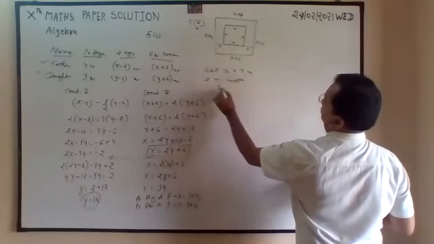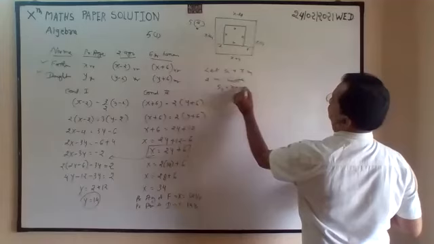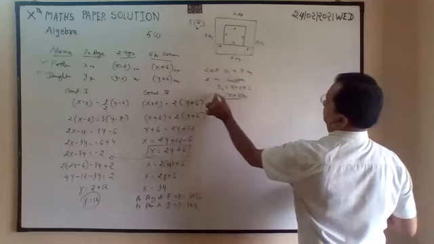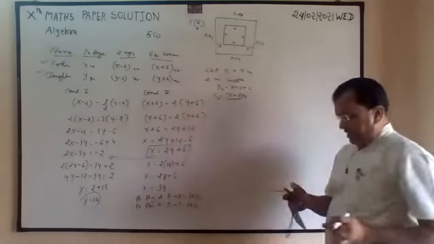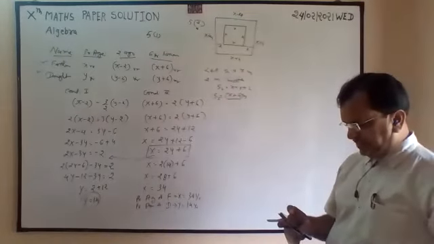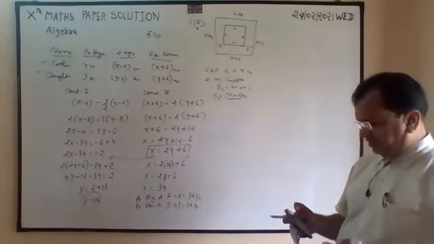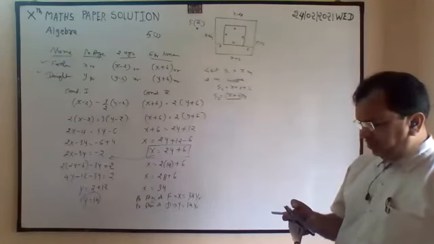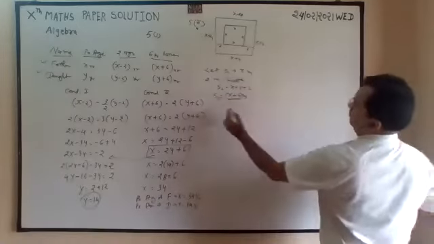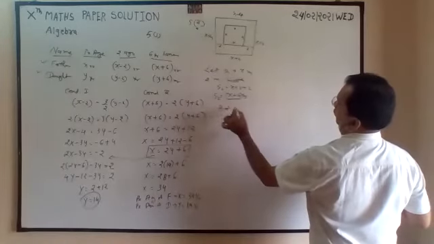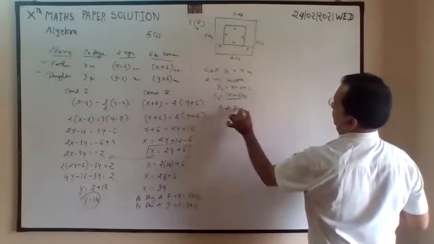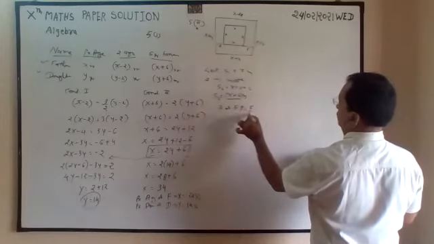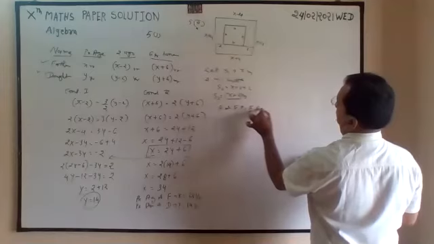Therefore, side 2 is equal to x plus 2 plus 2 is equal to x plus 4 meter. Now, if the area of the footpath is 5/4 times of the pool, area of footpath is equal to 5/4 times the area of pool.